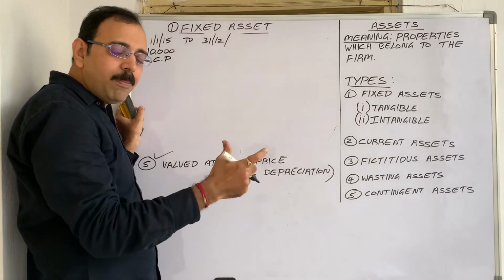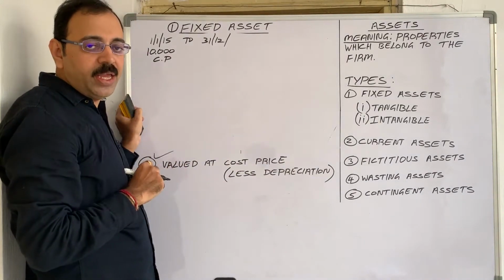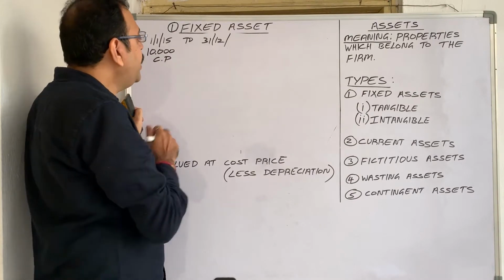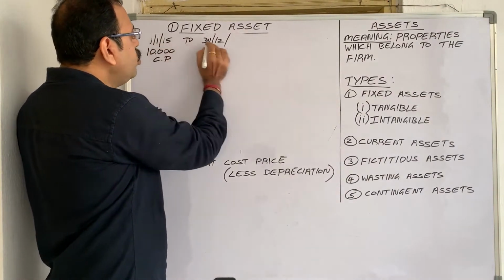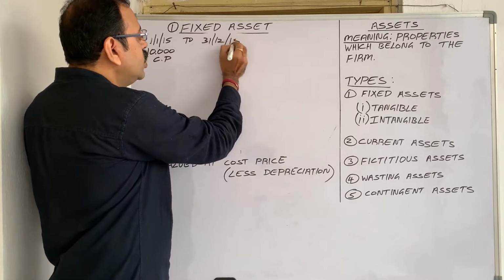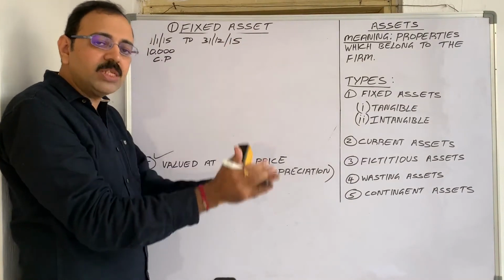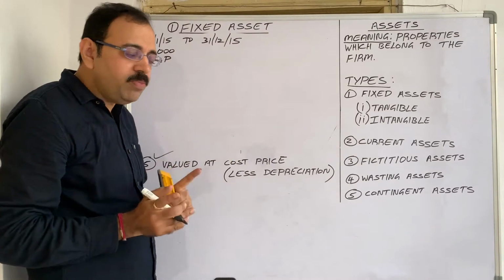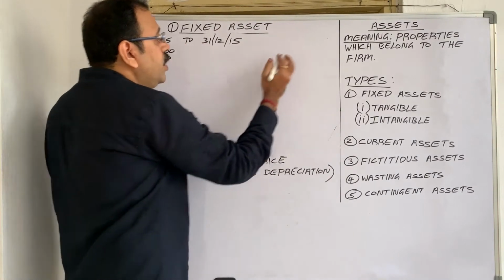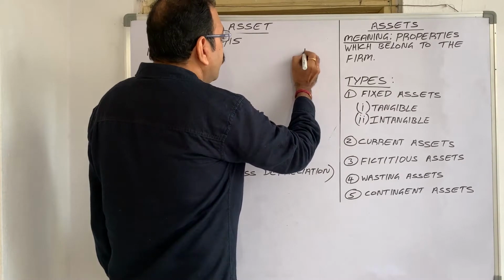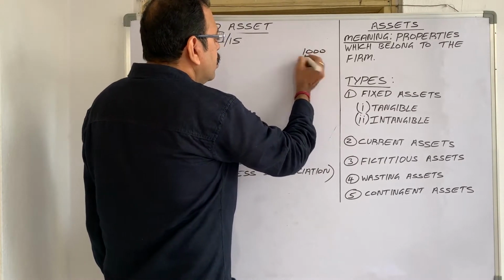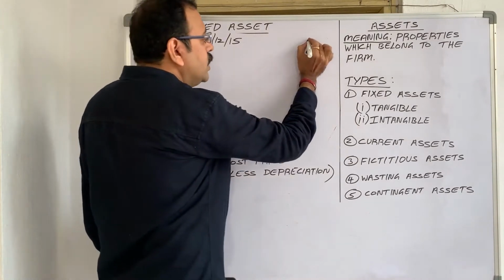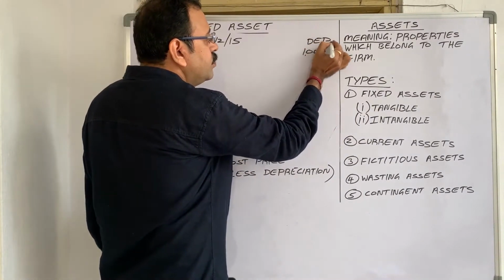How much they paid to acquire that property is known as cost price. And from 1st January to 31st December 2015, when they use this machine, then the machinery value will get reduced. Assume that in that year 1000 value is reduced. Then this 1000 is known as depreciation, no?